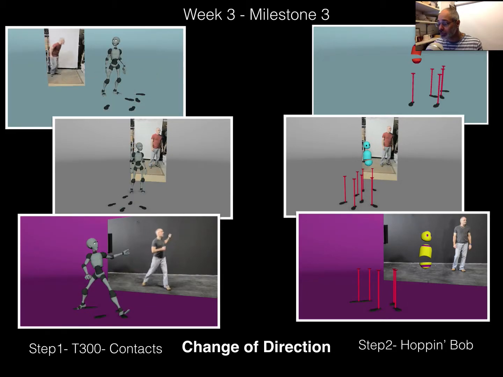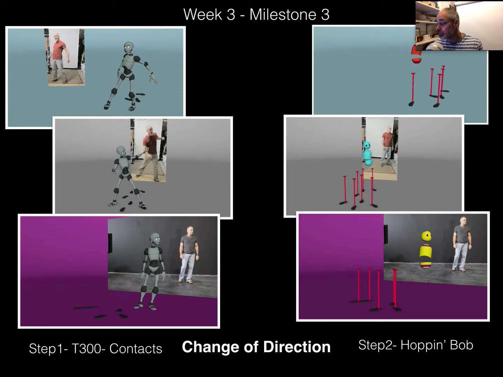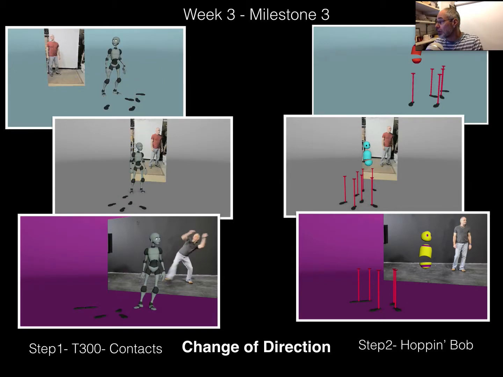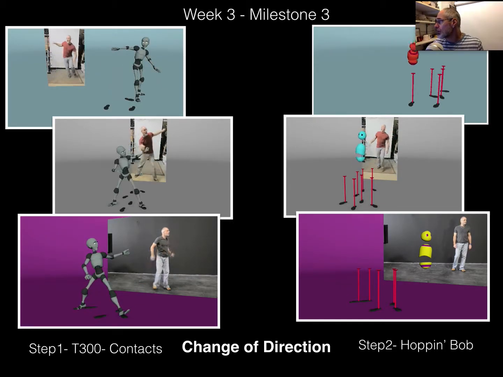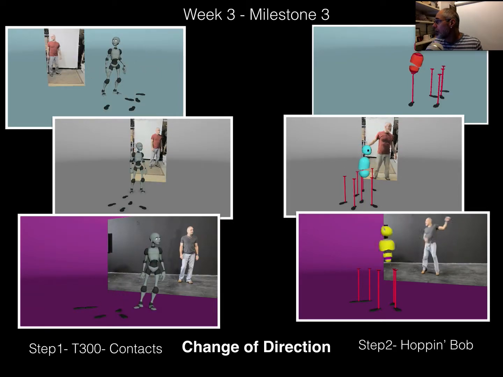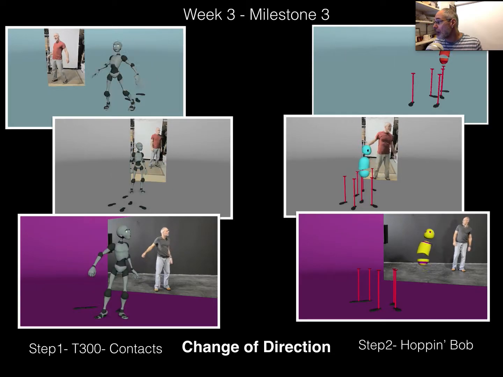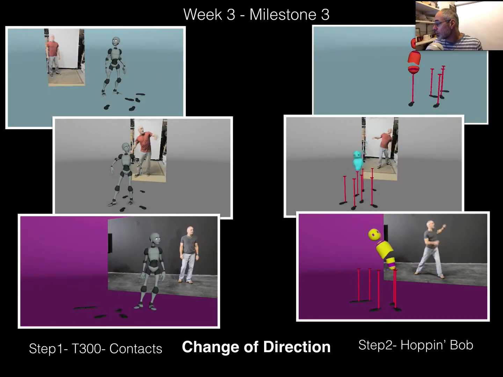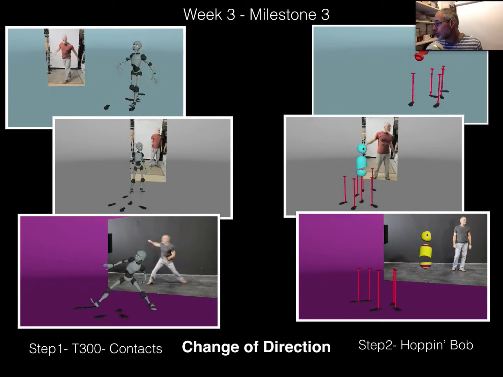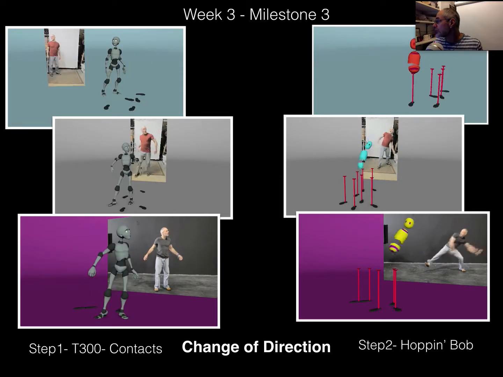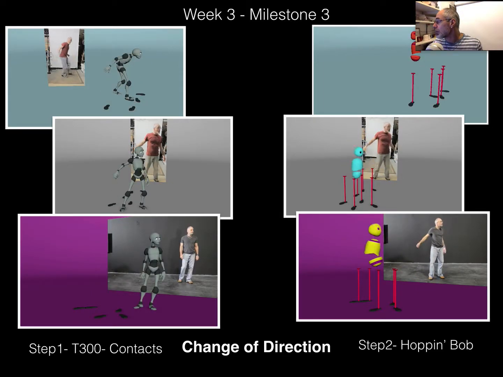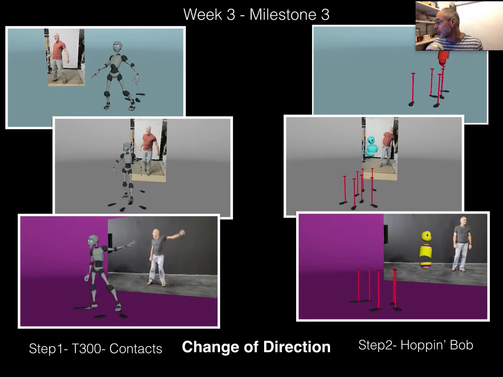I'm going to have you lay out some footsteps like you were dancing and build your contacts. That same week, you're going to then take Bob again, and you're going to bounce, or I should say hop Bob, from footstep to footstep. And you'll kind of turn back on the visibility of those poles so that Bob has something to hop on.